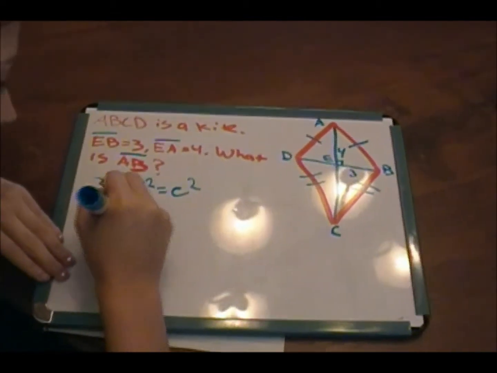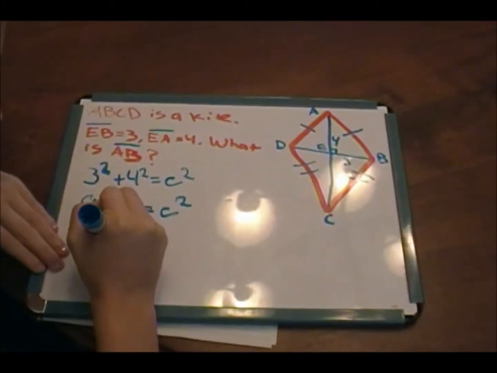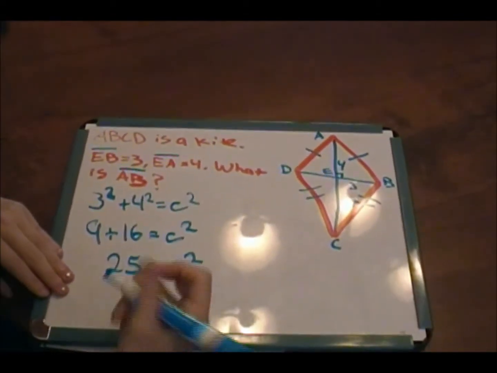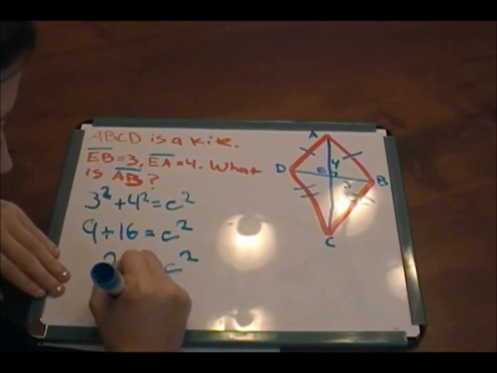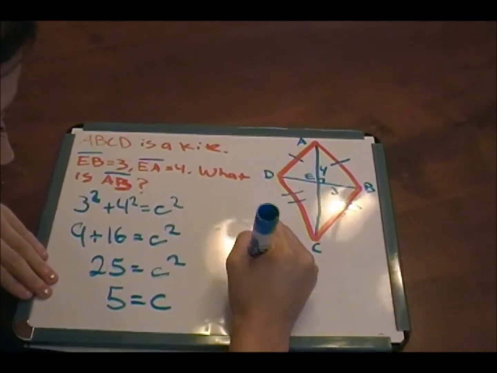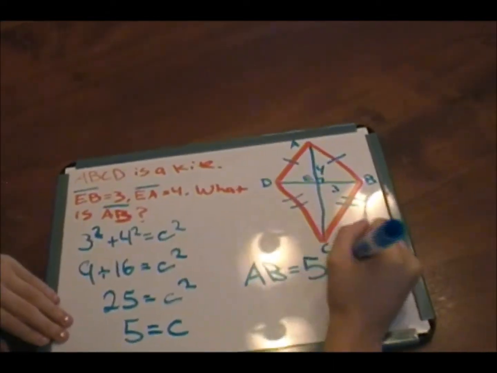So 9 plus 16 equals C squared. Then that's 25. And what's the square root of 25? It's 5. So AB equals 5. Good job, Kelly. Thank you.